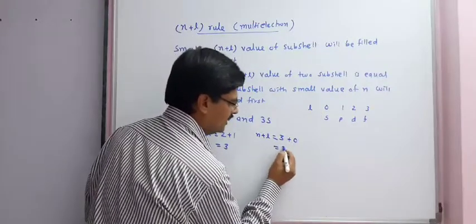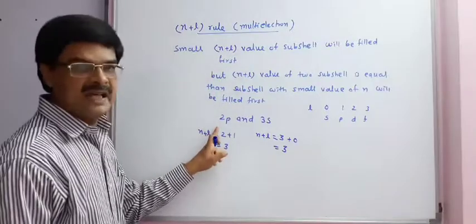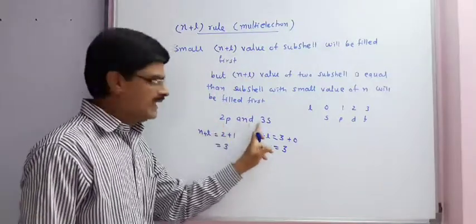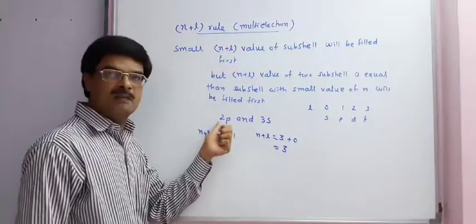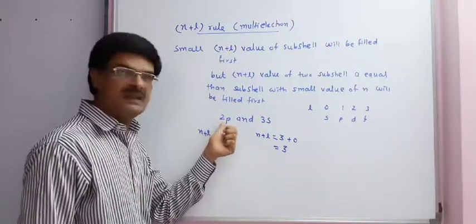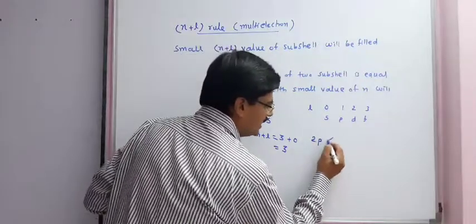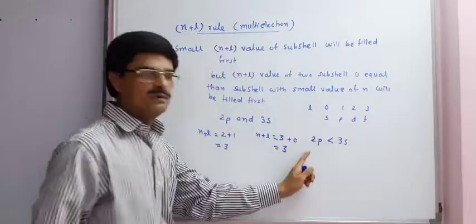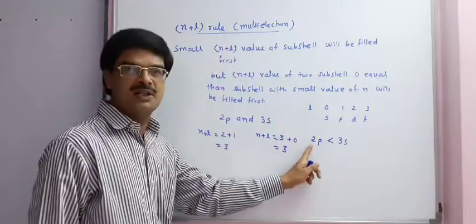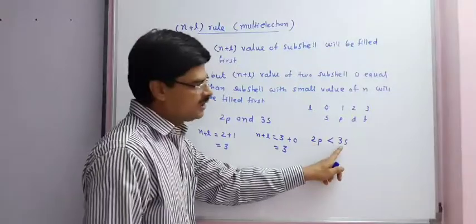So plus 0, we will get 3. So here, n plus l value for 2p and 3s comes out to be the same. But because the principal quantum number of the 2p subshell is 2, we can say energy of 2p is smaller than 3s.